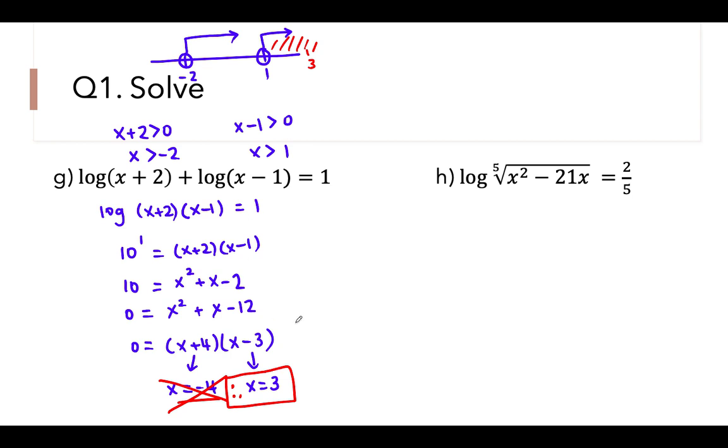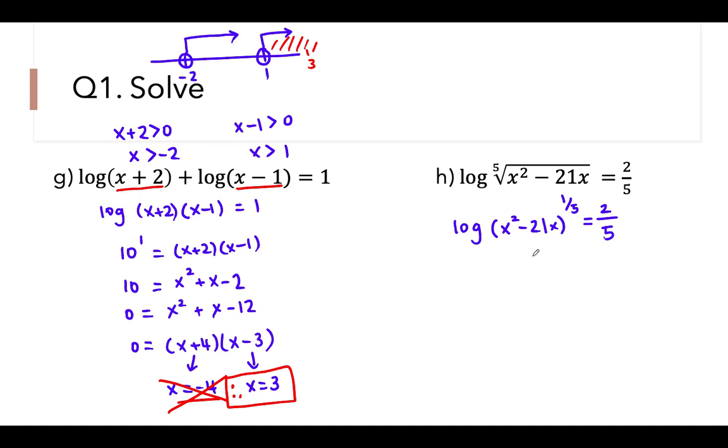So when you're solving, after you're done solving for x, make sure you go back to your domain for the restriction if it's belonging to within that range. Now again, we don't like radical, so I'm going to change radical into exponent, so x squared minus 21x to the power of 1 over 5 is equal to 2 over 5.